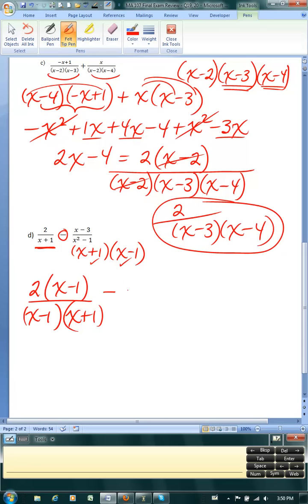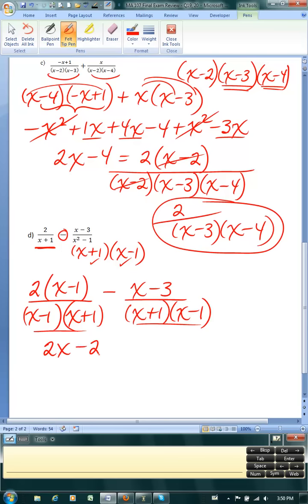Minus, the second one is x minus 3, and that is over the original x plus 1 and x minus 1. Once you have the LCD established, then you just combine like terms in the numerator position. You have 2x minus 2, and this subtraction, I'm going to change this.